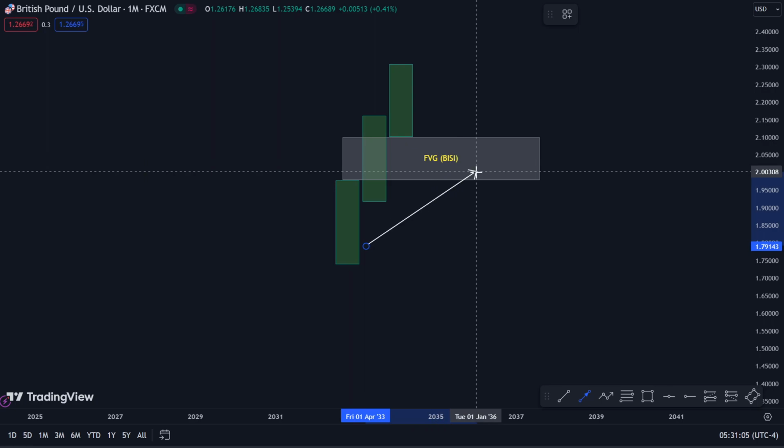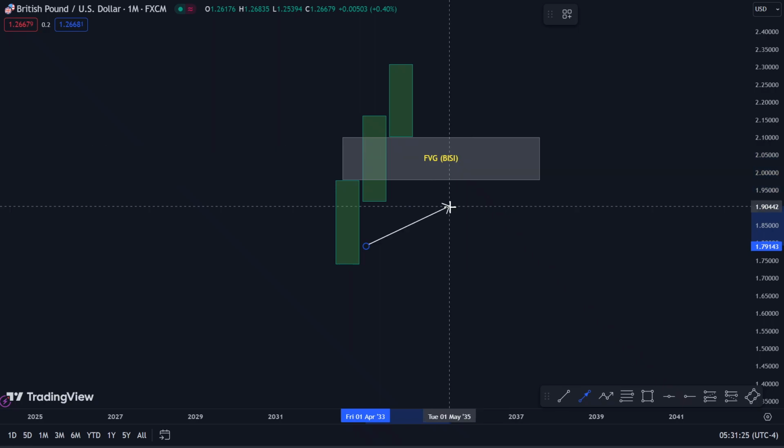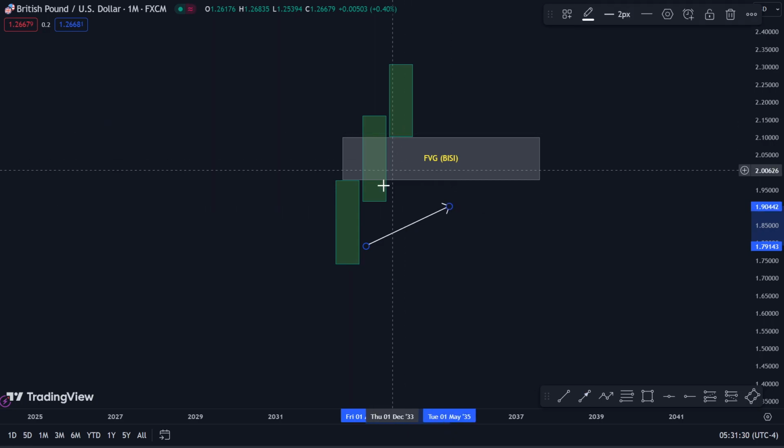At times it doesn't fill the gap to the pip, and just digging slightly into it is quite permissible, and it's counted as a reaction point to price. As such, this is our fair value gap in the form of a BC. It was delivered on the buy side, and it lacks a sell side delivery.